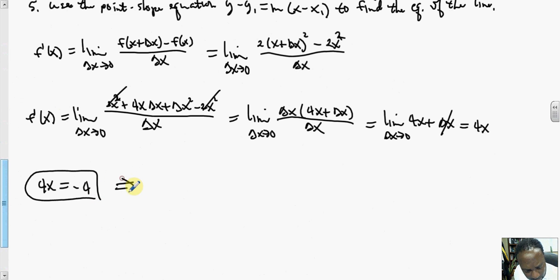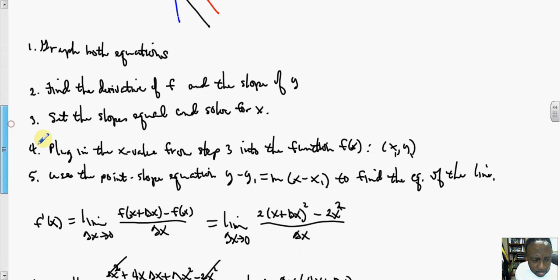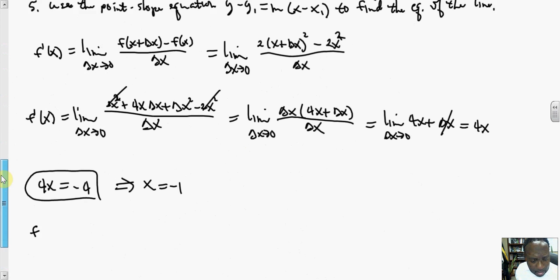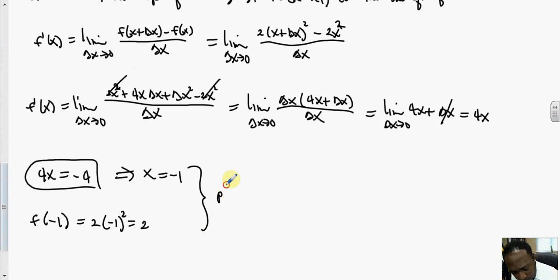That implies that x is equal to -1. If x is equal to -1, step number 4 said plug in the x value from step 3 into the function f of x. So f of -1 is equal to 2 times -1 squared. That gives us 2.